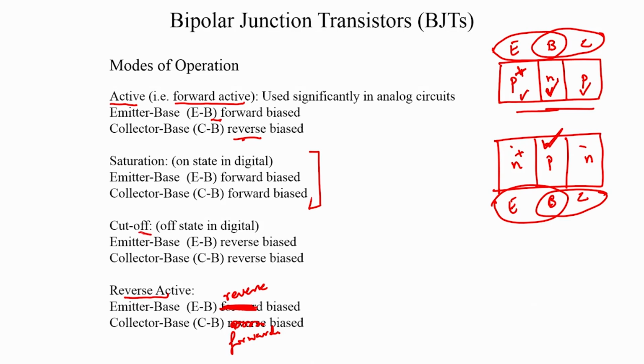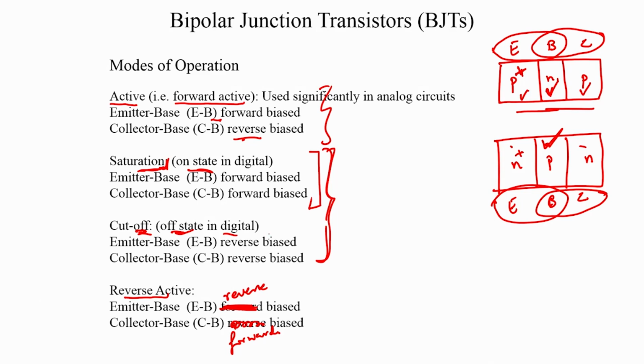Before I move on, the saturation mode is the mode that is used as the on state in any digital circuit. So if you want to completely close a switch, we are talking about the saturation mode of operation. And the cutoff mode is the off state in any digital circuit. So if you are building digital circuits, you will probably be using the saturation and cutoff modes a lot, while maybe also using the active mode for certain special purposes.